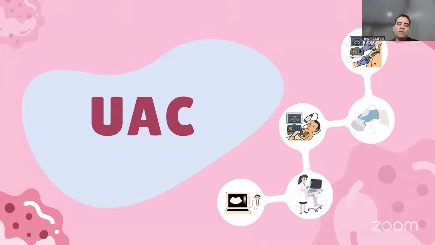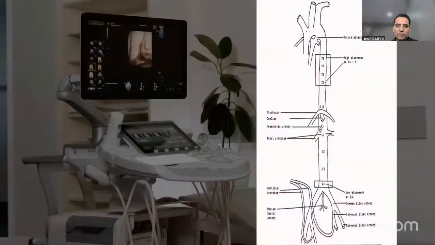Now, if we talk about UAC, the umbilical arterial catheter, that will be passing through the abdominal aorta. This is the normal anatomy. The ideal position: we say either a low tip or a high tip of the UAC.